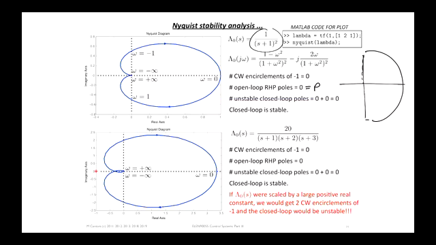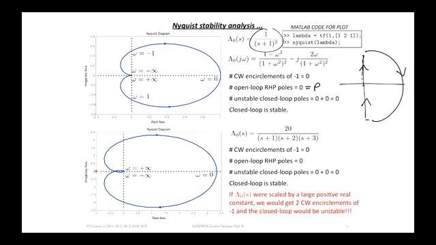Think about what we're doing. We're starting here and moving up in this direction. Then we move around here and back up here until we get to our starting point. As we're moving up here, we're really evaluating lambda at s equals j omega and increasing omega.